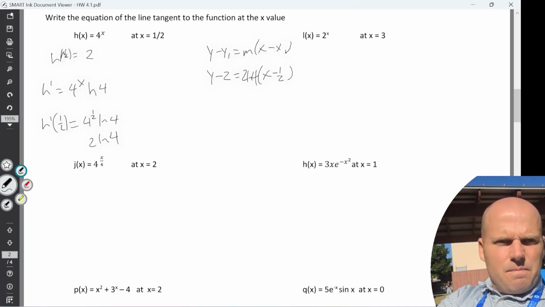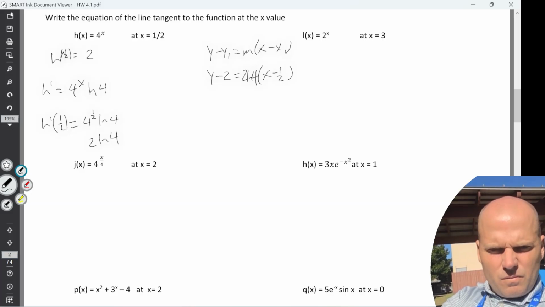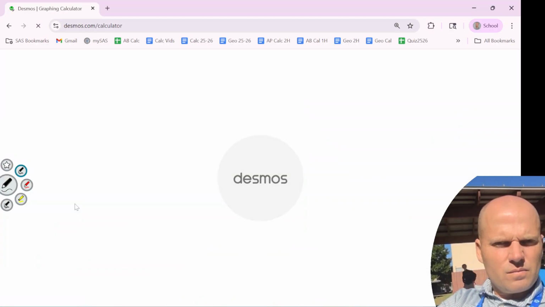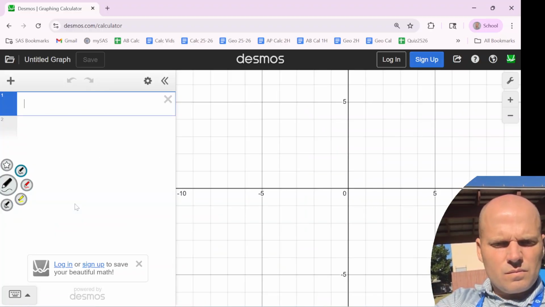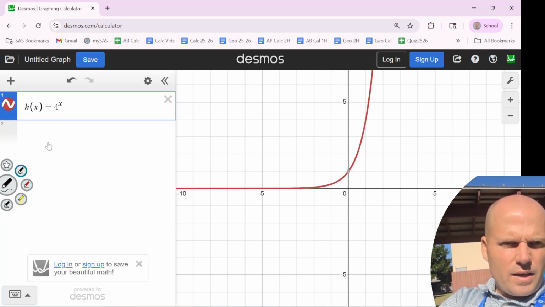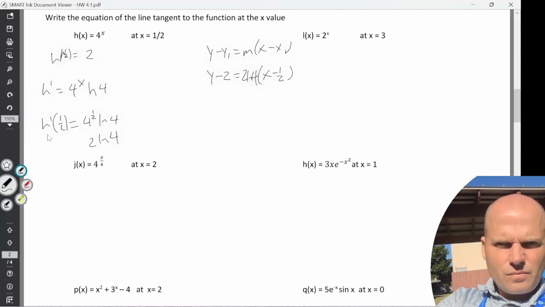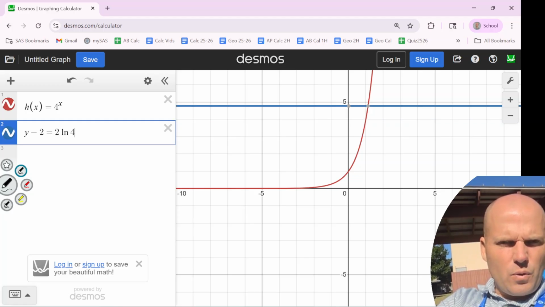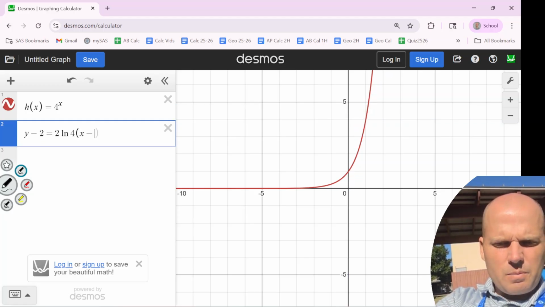It's nice to be able to see it, so I'm going to graph it. There's 4 to the x. Y minus 2 equals 2 log 4 times x minus a half.